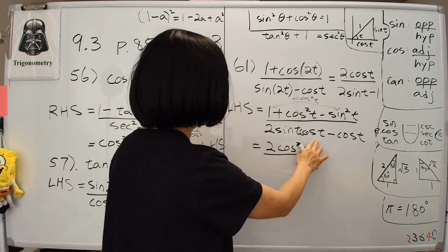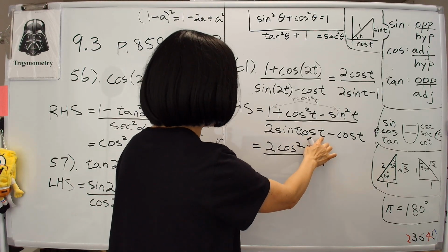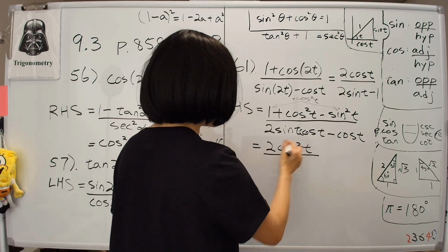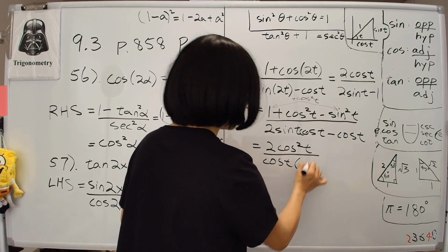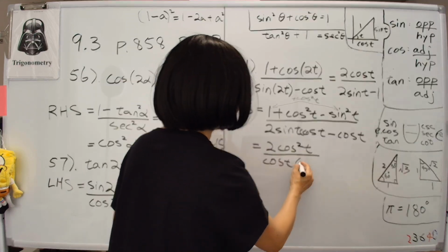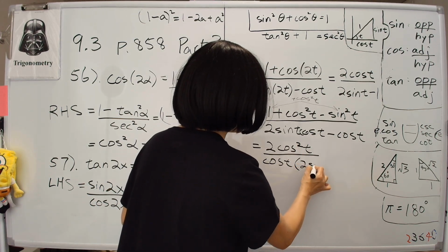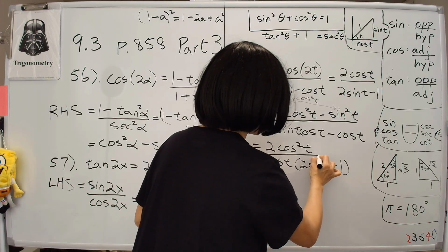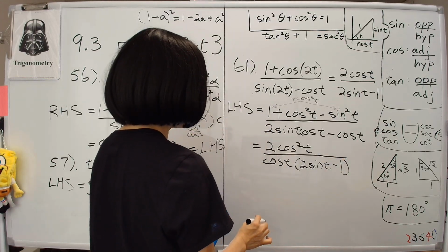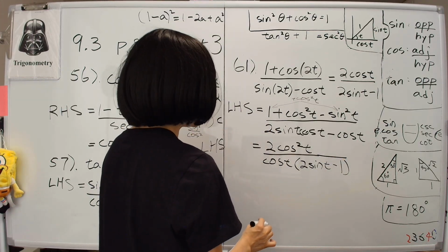And then the bottom, we have 2 sine t cosine t minus cosine t. Let's factor that out. So this will be cosine of t times (2 sine of t minus 1). Now let's cancel something out.